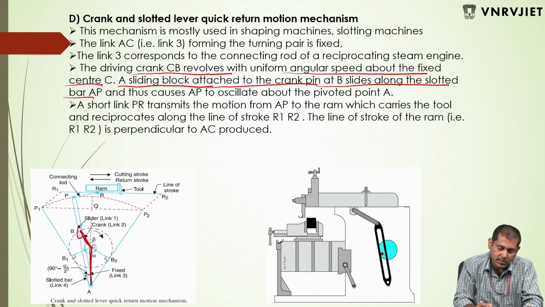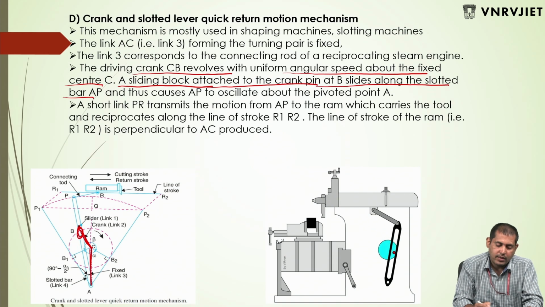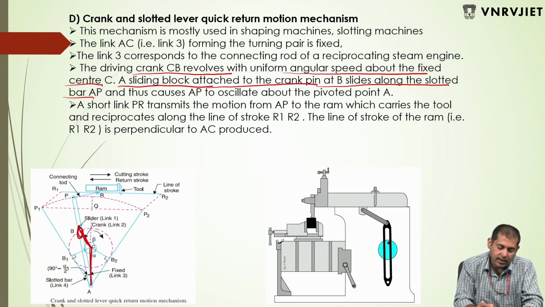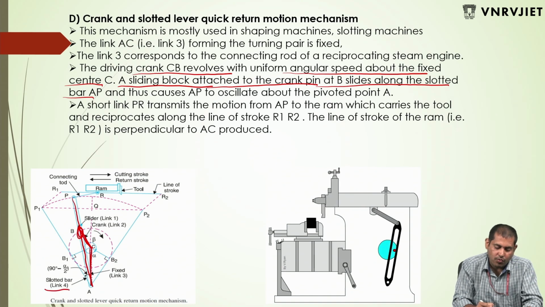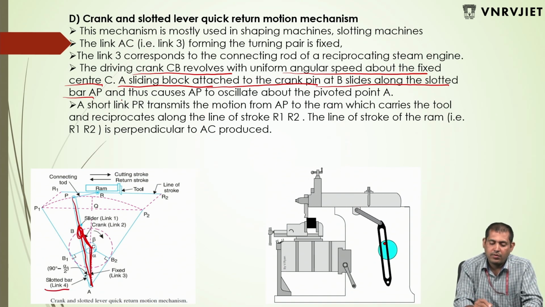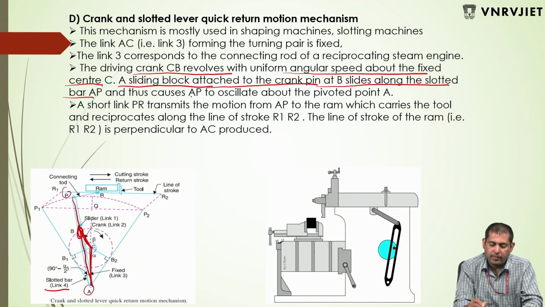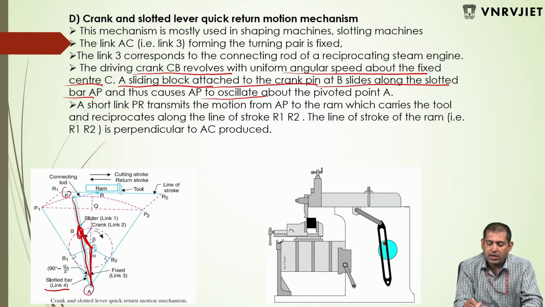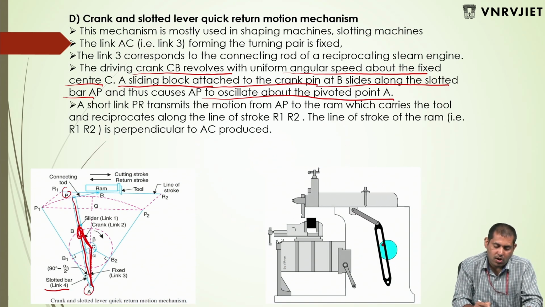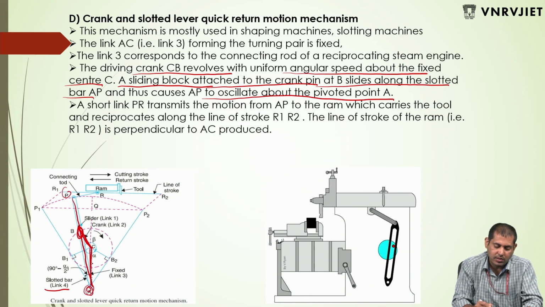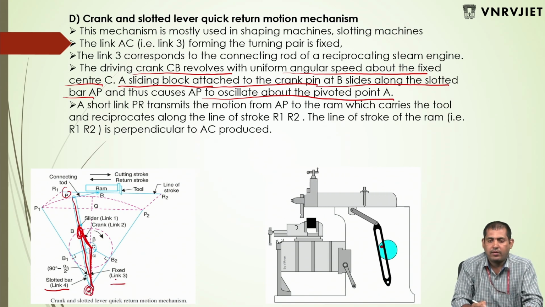So here B is the slider, sliding in the slotted bar, which is your link 4, AP. This oscillates about the pivot point A. Link 4, the slotted bar, is again fixed at point A, which is fixed to link 3.